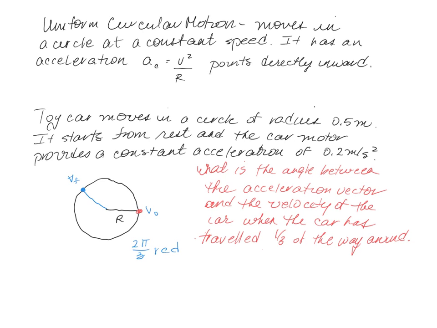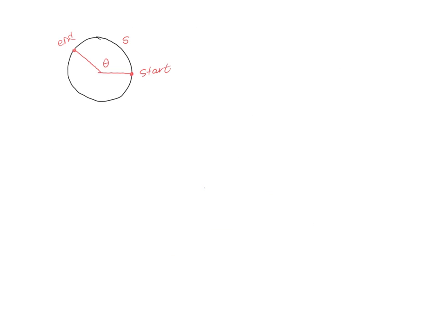For the linear part, in order to figure out the final velocity, we have to figure out what distance it traveled. So we're going to go back to some of the relationships that hopefully you learned at some point but may have forgotten. I've redrawn the picture here and labeled some new quantities. S is the length of the arc that the car travels, and theta is the angle subtended by that arc. One of the formulas we should be familiar with is the relationship between that arc length and the radius r, S equals r theta.